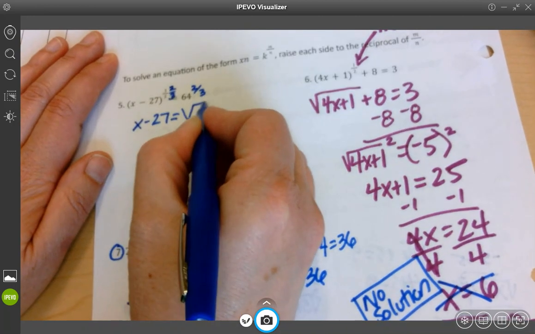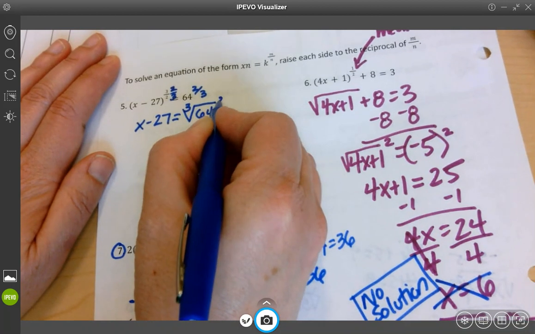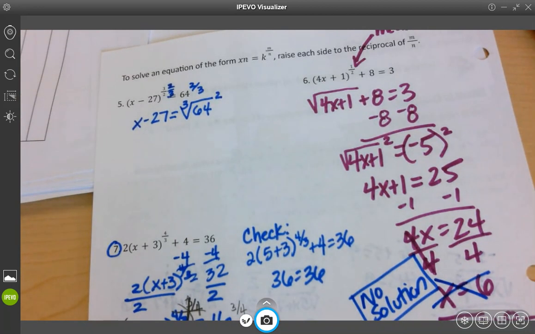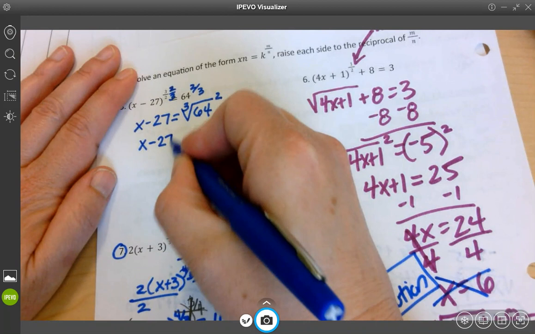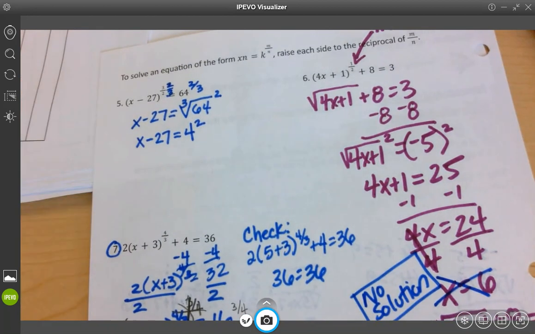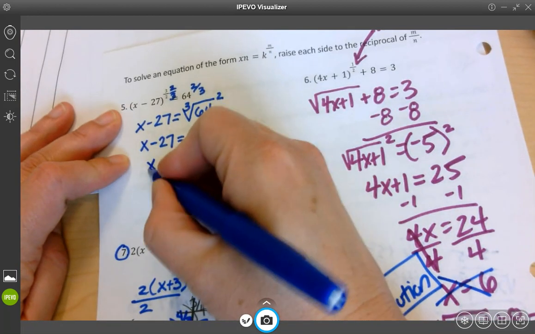And then I saw a lot of you guys convert this to cube root of 64 squared. How much is the cube root of 64? 4, good. So we have x minus 27 equals 4 squared. 4 squared is 16.